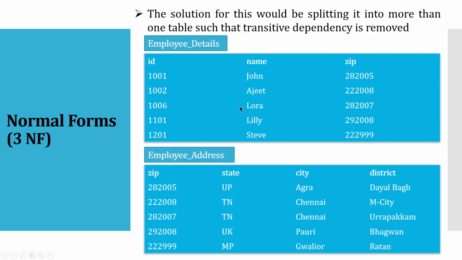So this is the solution for the table that we had earlier. This is the probable solution for 3NF. That means we have tried to remove the transitive dependencies on super keys or candidate keys. And if you join the tables using zip, the common column, then you will still get the same table. There won't be any unwanted or duplicated data.